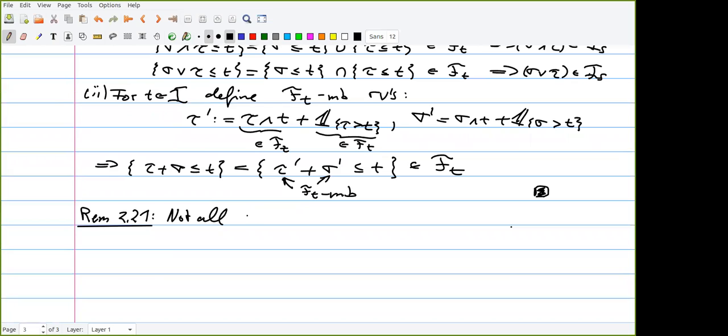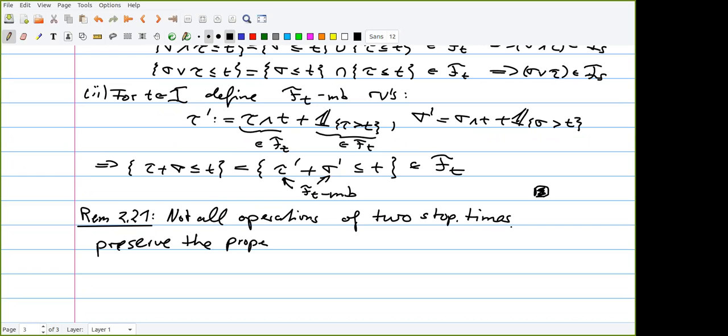So just as a warning: operations on two stopping times do not always preserve the property of being a stopping time.